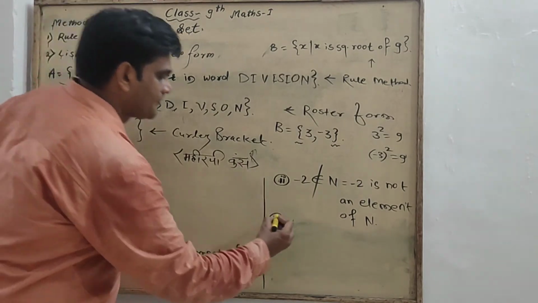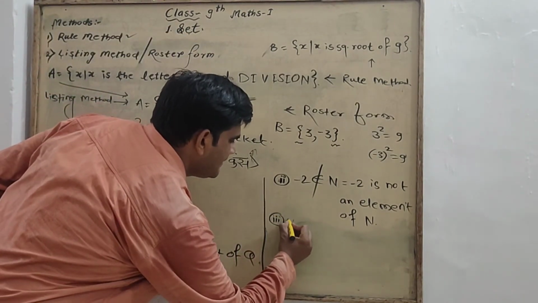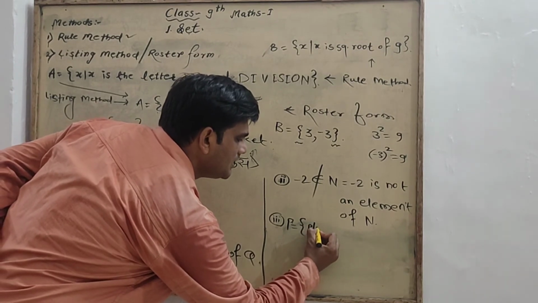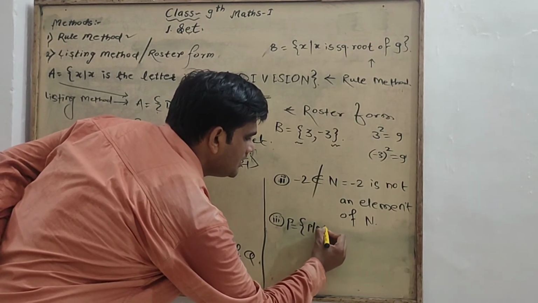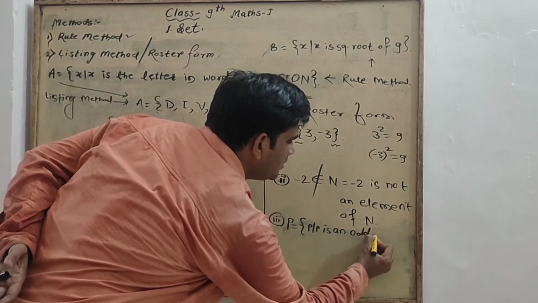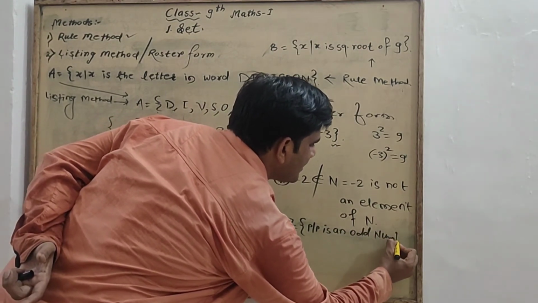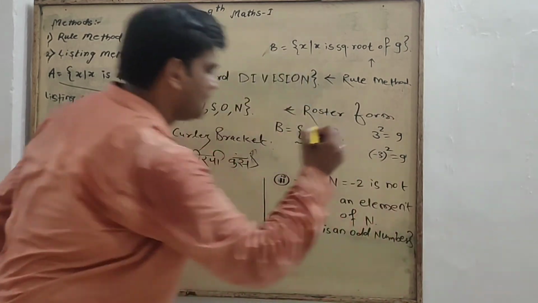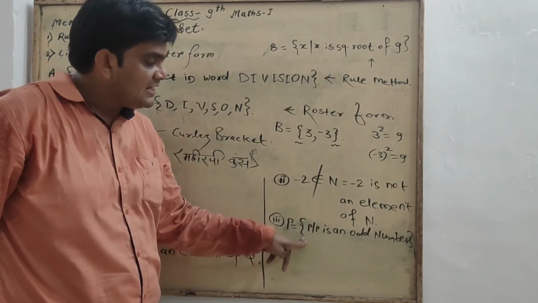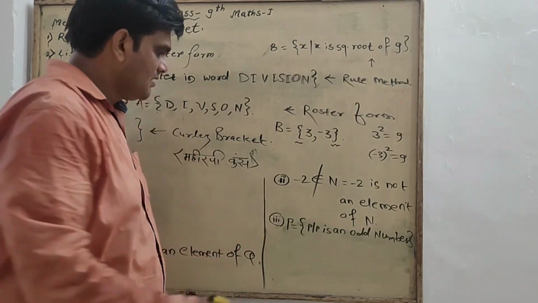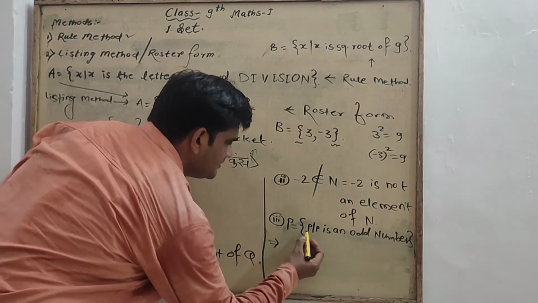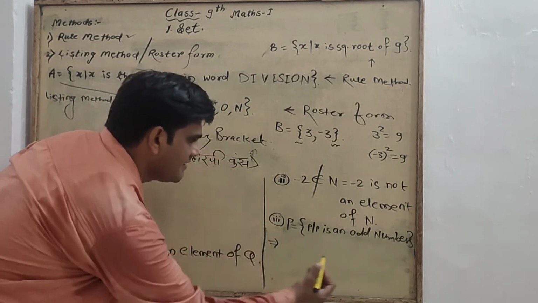Number 3: P is equal to {p such that p is an odd number}. P is the odd number. Now we have to write this statement in words. See here, this is in statement form, now word form.